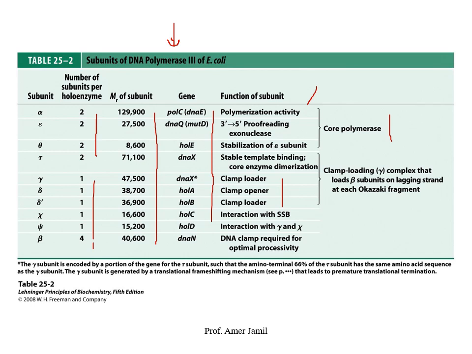So all these different proteins like clamp loader, clamp opener, and all that, are required for increasing the processivity of the DNA polymerase 3.